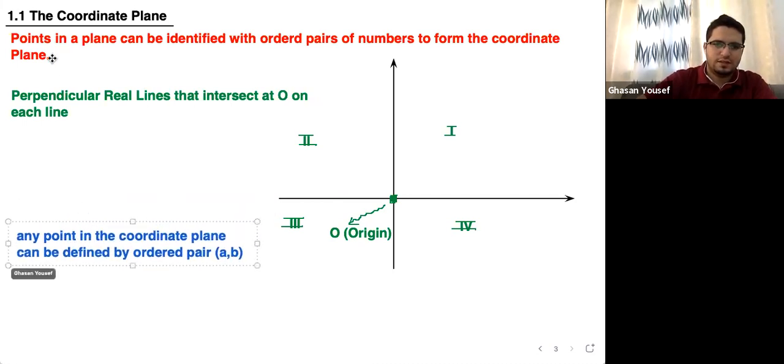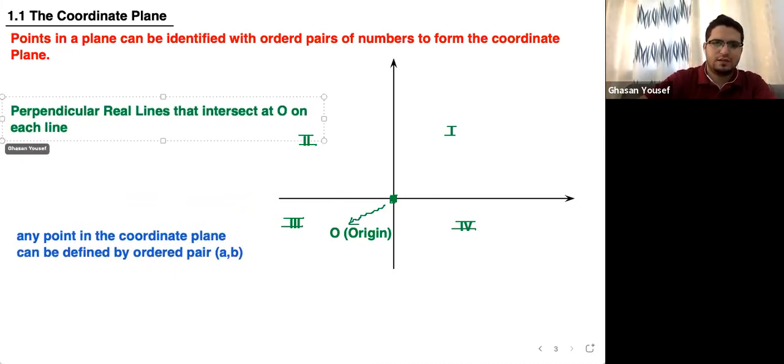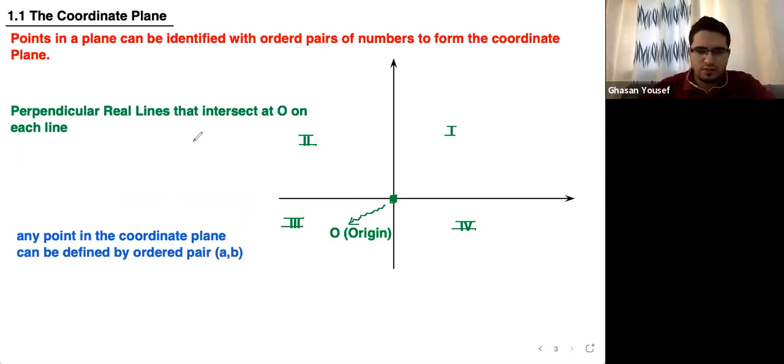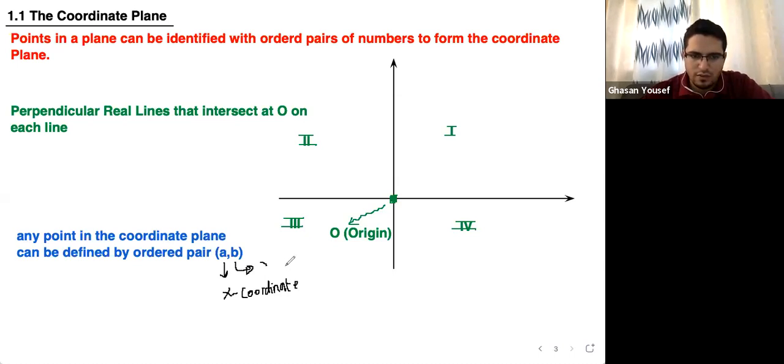The a here is my x coordinate, and this b is my y coordinate.